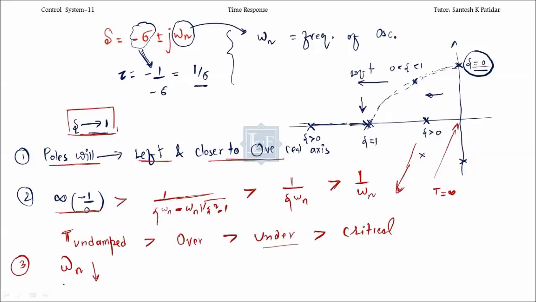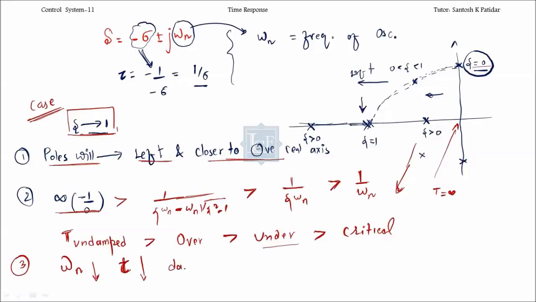What about omega n? Omega n is going to decrease. Correct? Time constant, let's take it tau, is also going to decrease over here. Please don't forget about this when your zeta is moving from 0 to 1.